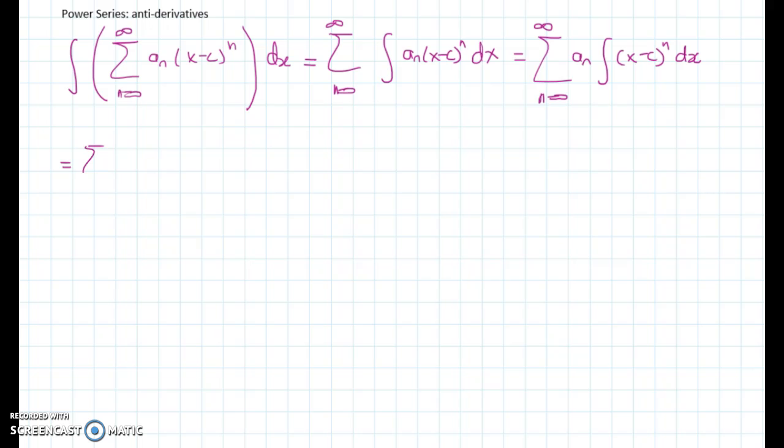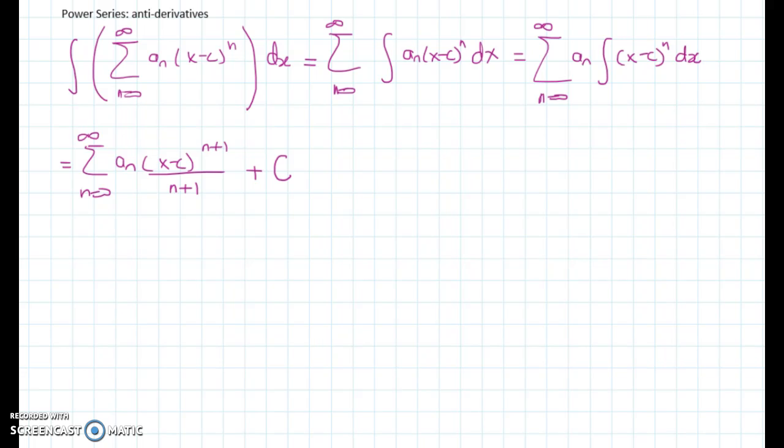This is going to give us, again the same sum, (x minus c) to the power of n plus 1 divided by n plus 1, plus eventually a constant because it's an antiderivative, so there is an infinite family of solutions.